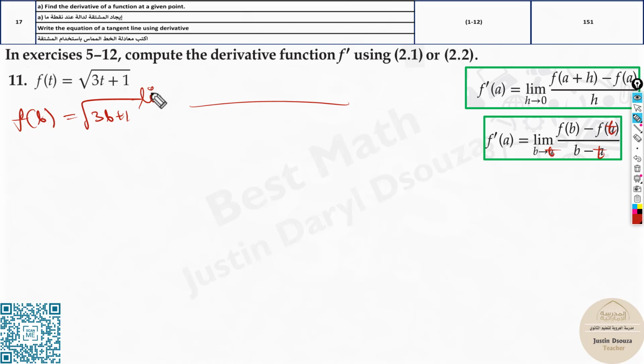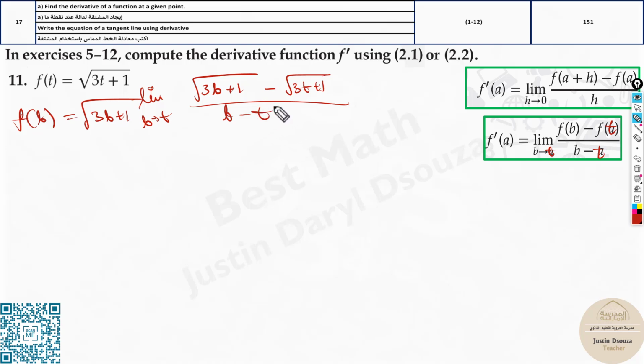The limit as b tends to t, this time not x, we have square root of 3b plus 1 minus f of t itself, just write the same thing, 3t plus 1, divided by b minus t.